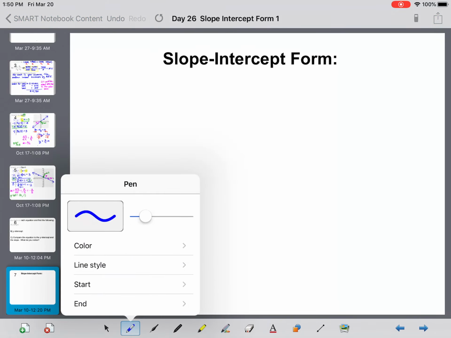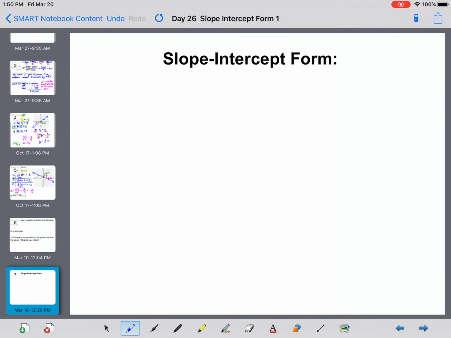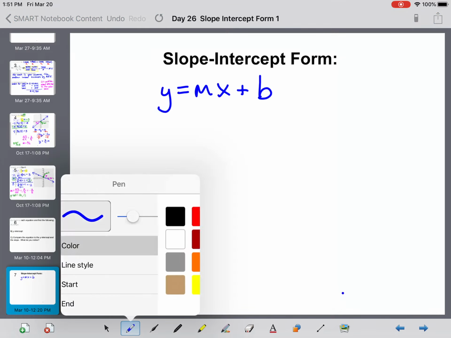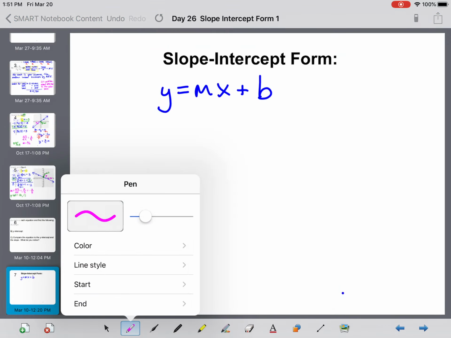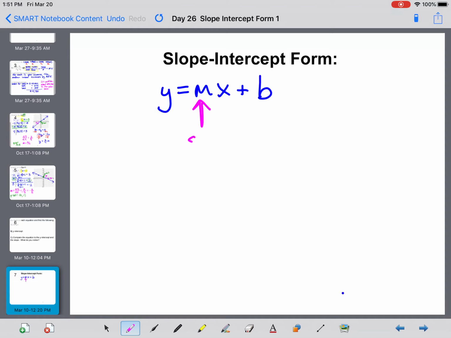There's this really amazing, wonderful, very easy to use form called slope-intercept form. If you think about it, it's going to give you the slope and the y-intercept. So slope-intercept form looks like y equals mx plus b. m is our slope, so change in y over change in x, and this plus b at the end is going to be our y-intercept.